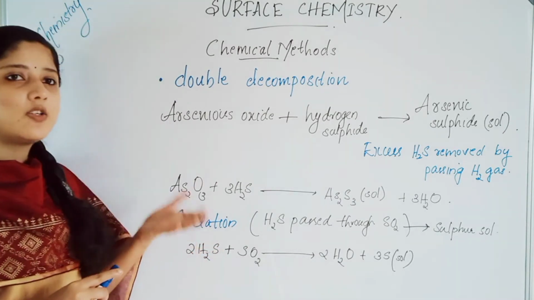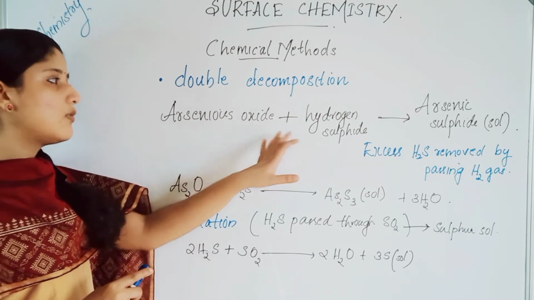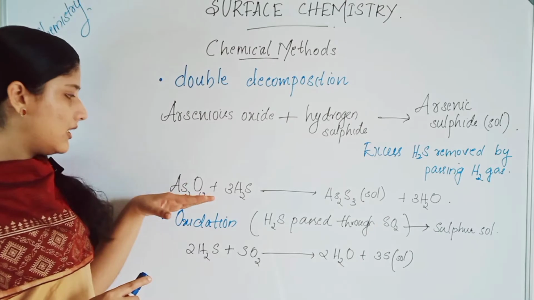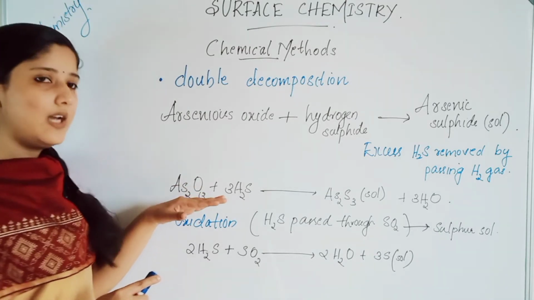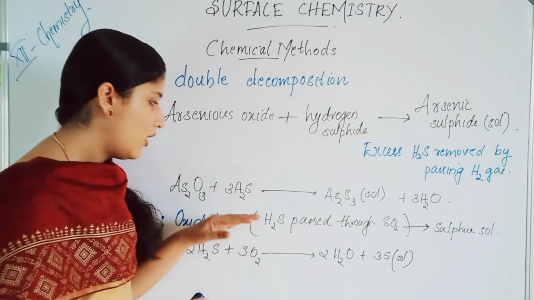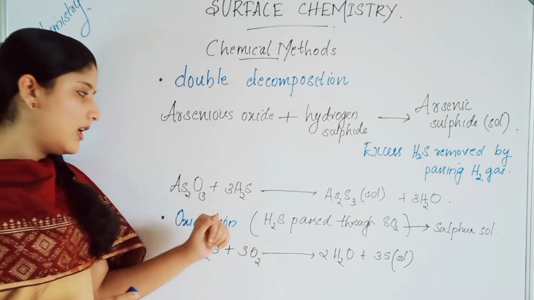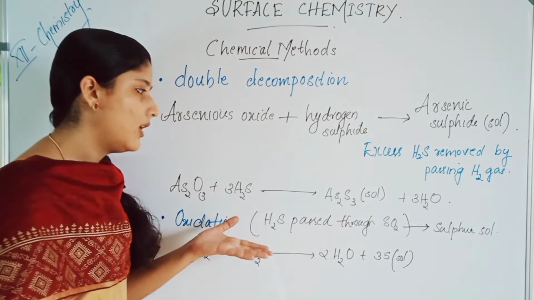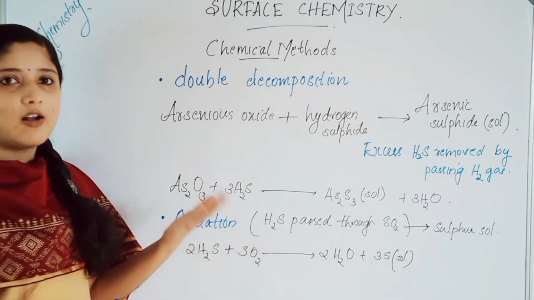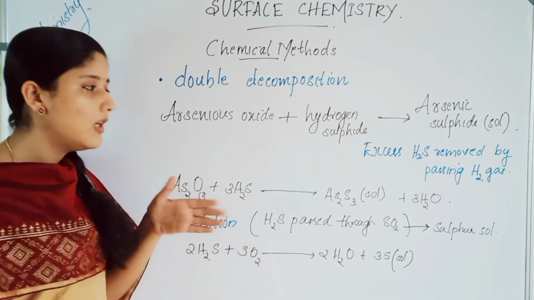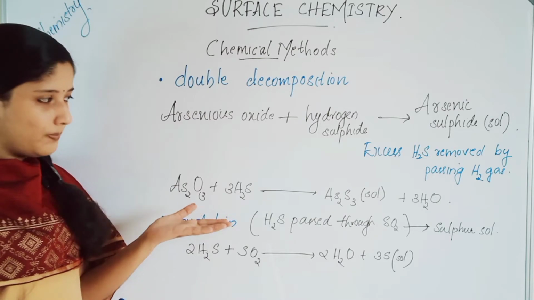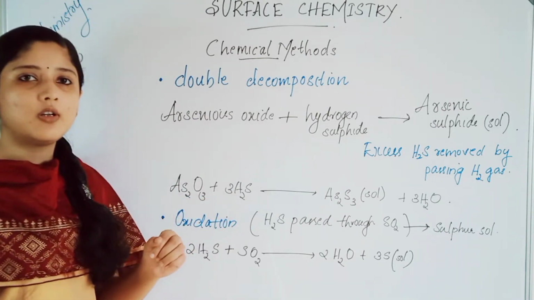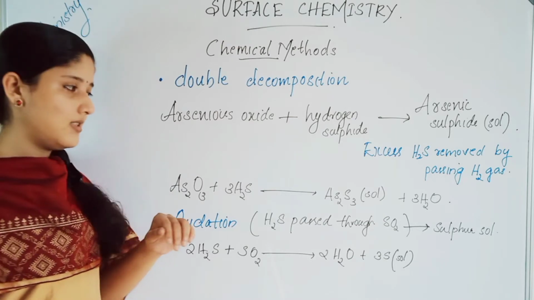So As2O3, arsenious oxide, will react with H2S, and we will get As2S3, arsenic sulfide colloid, plus water, and the excess of hydrogen sulfide we can remove by passing hydrogen gas.